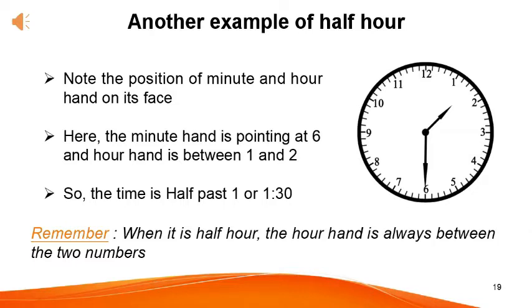Another example of half hour. Note the position of minute and hour hand on its face. Here, the minute hand is pointing at 6 and the hour hand is between 1 and 2.